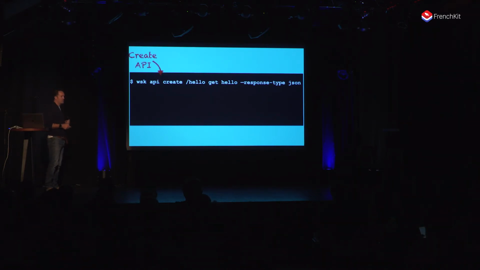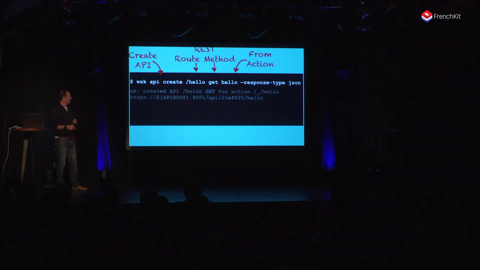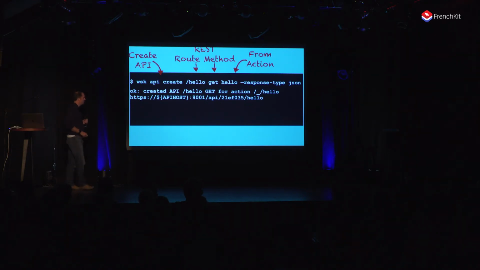That says I want to create an exposed API. I want to do it on /hello with the method of get. So this is back to our REST specification. So when there is a get request on /hello, I want to run my hello action, and I'm going to get a response type back of JSON. And this creates it for me. So this starts to build that Swagger definition of my REST APIs.